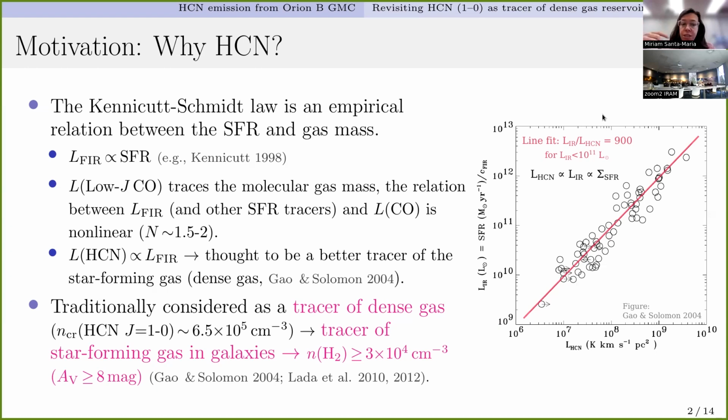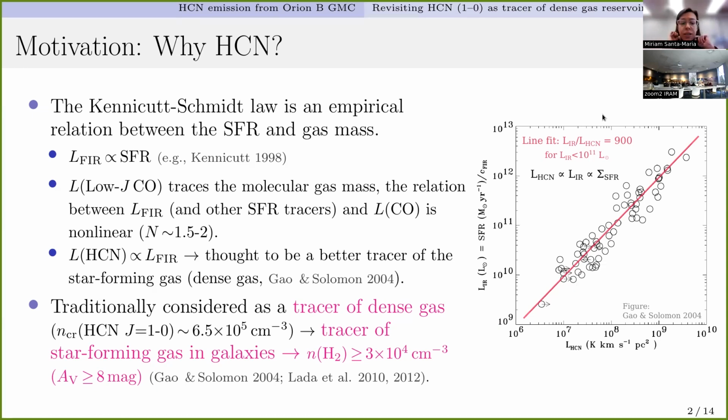However, the relationship between the far infrared luminosity or other star formation rate tracers and the CO luminosity is not linear. And astronomers like things that are linear.